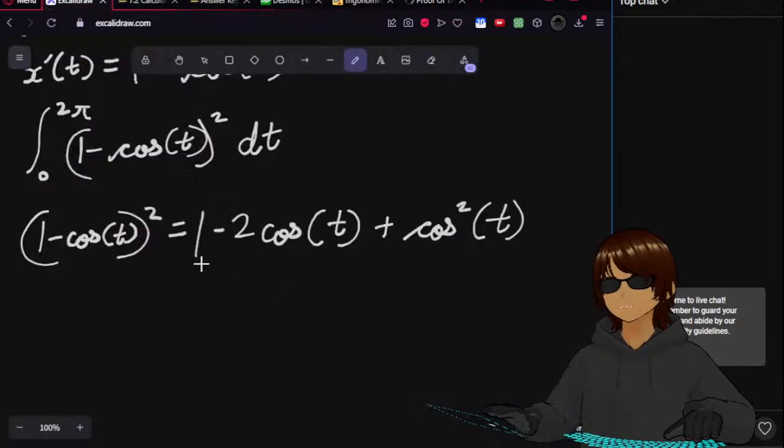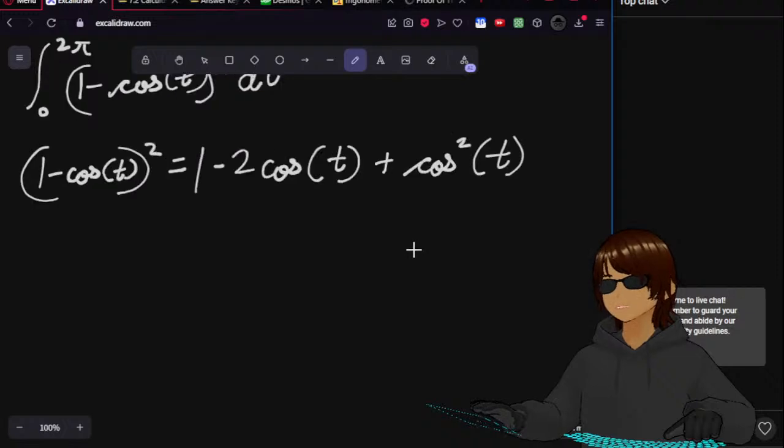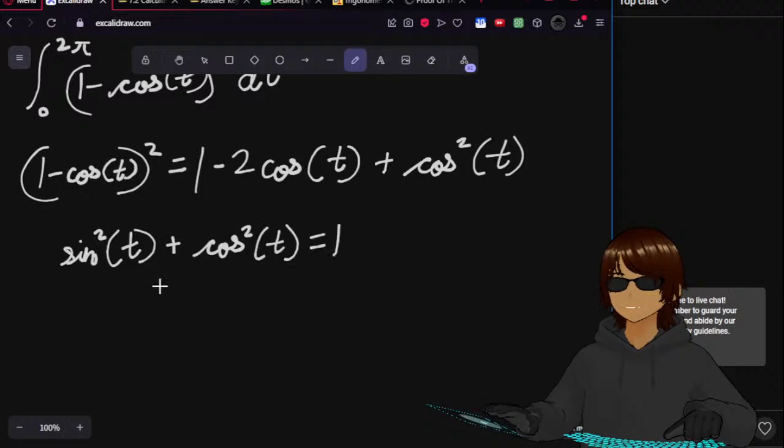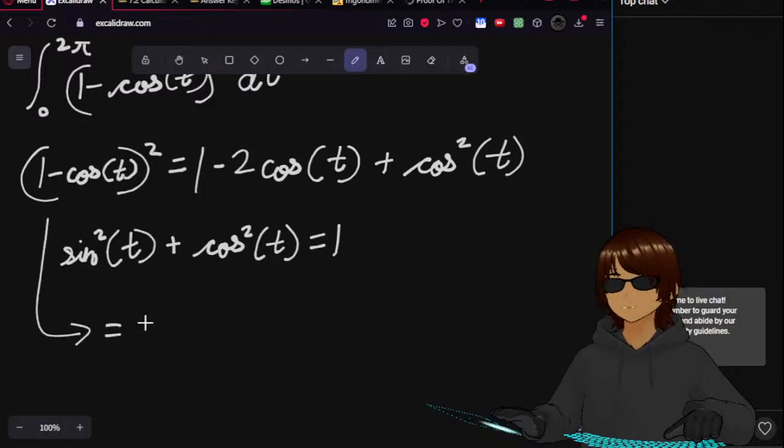Hold on, I can write the 1 plus, hold on, sine square t is cos square t. So 1, bring this to the other side. I can write it here. So this is equal to plus 1 minus sine square t. The 1 and 1 cancel out.